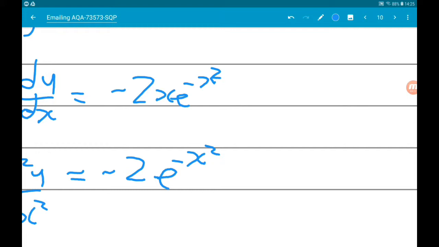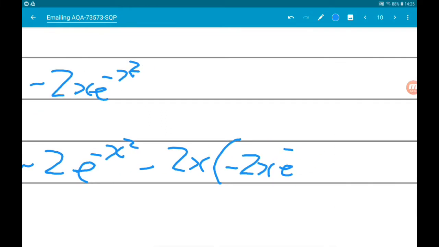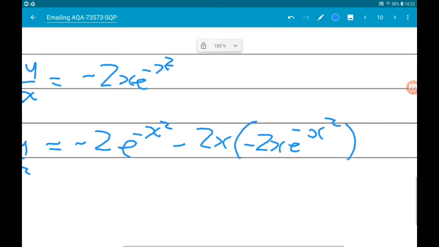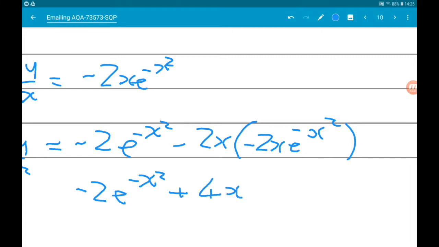So we're going to get minus 2x times minus 2x e to the minus x squared. Now that is going to give us minus 2 e to the minus x squared add 4x squared e to the minus x squared. So that is our second derivative.